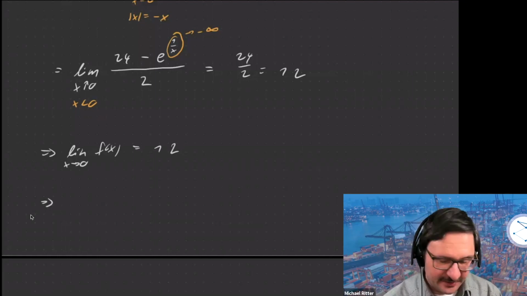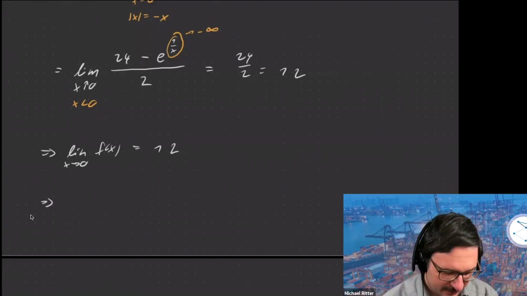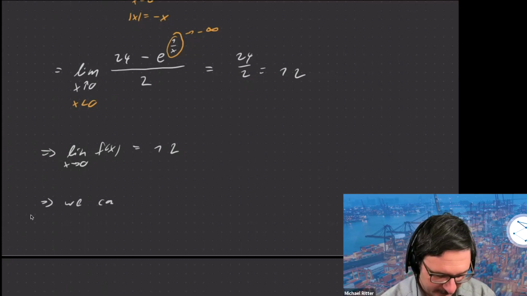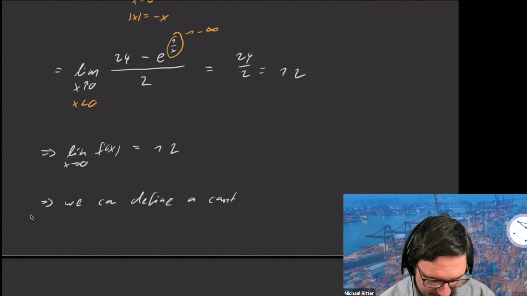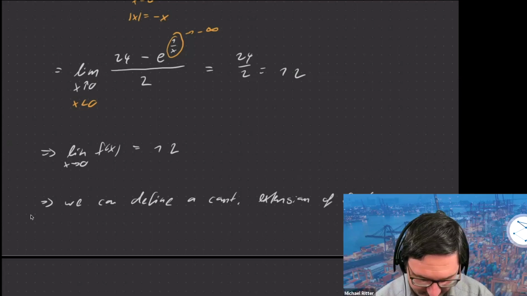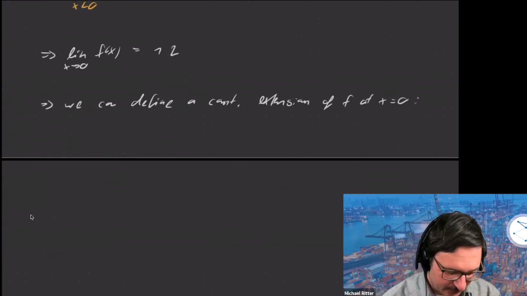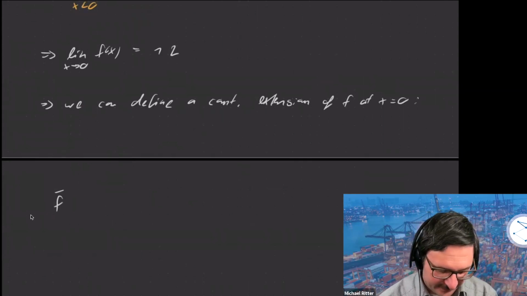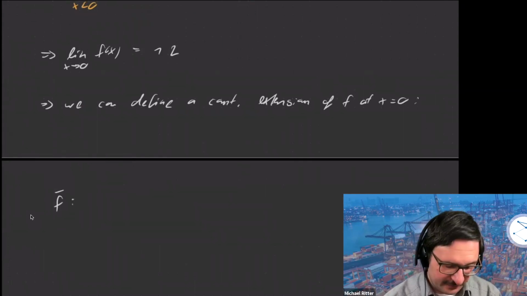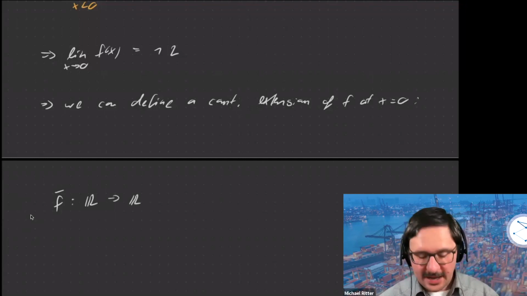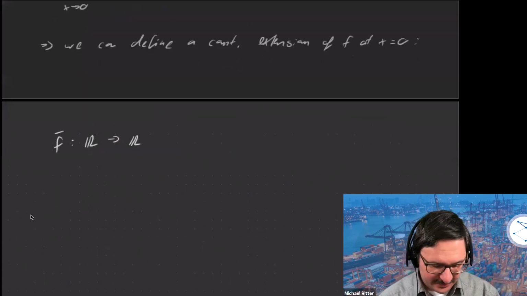And that means we can define a continuous extension of f at x equals 0. So we can define this extension. We call that f bar. Now that is defined on R because we have just closed that gap in our domain, right?